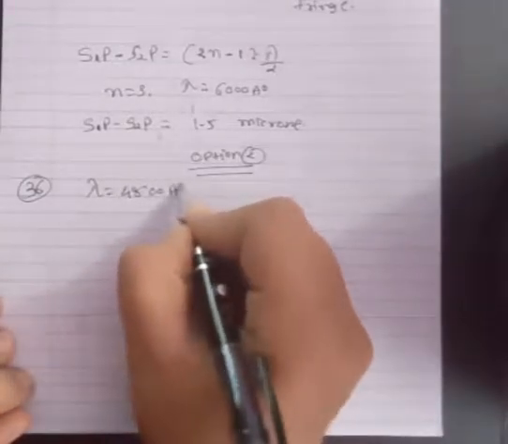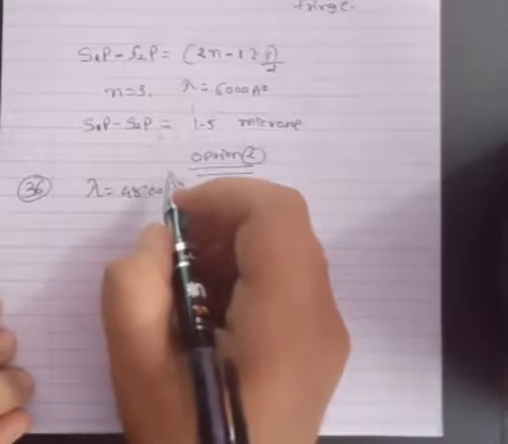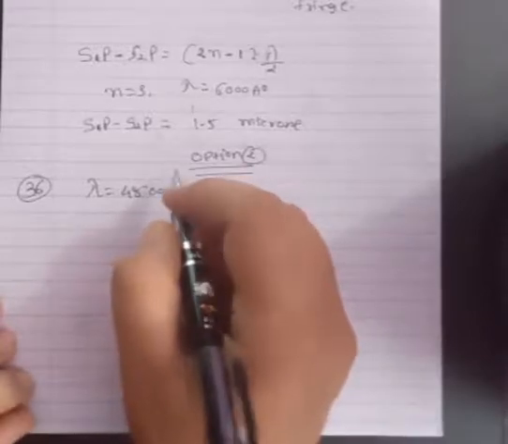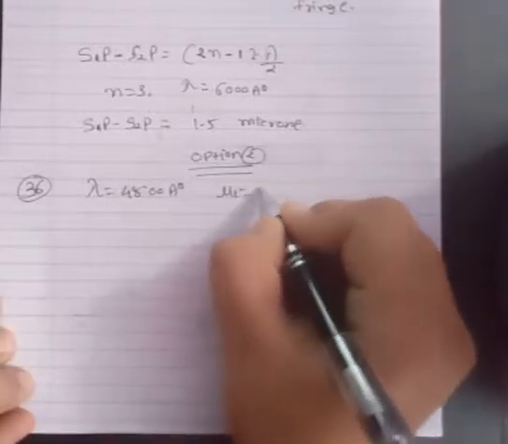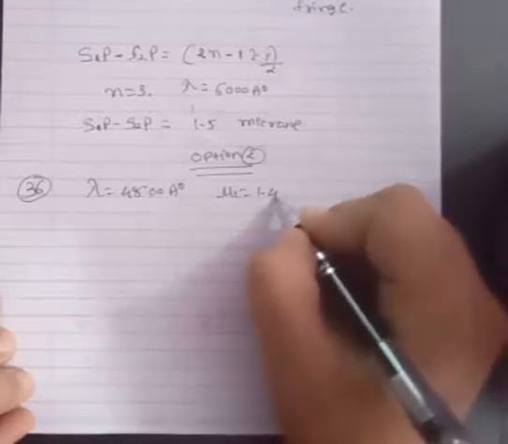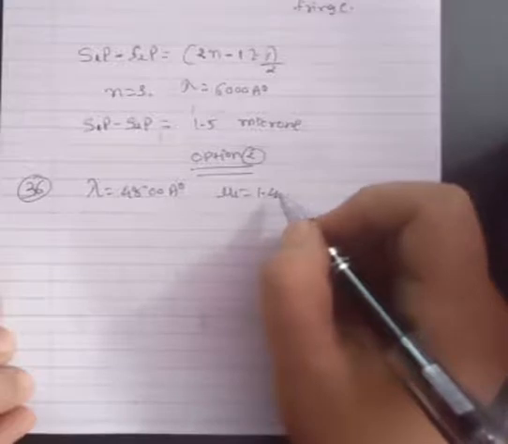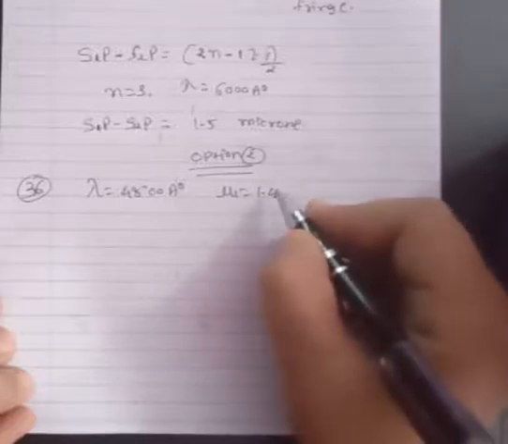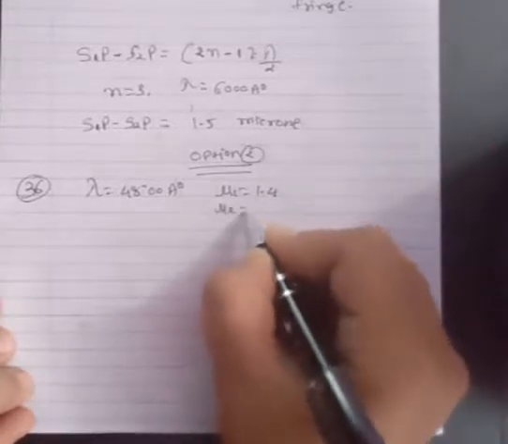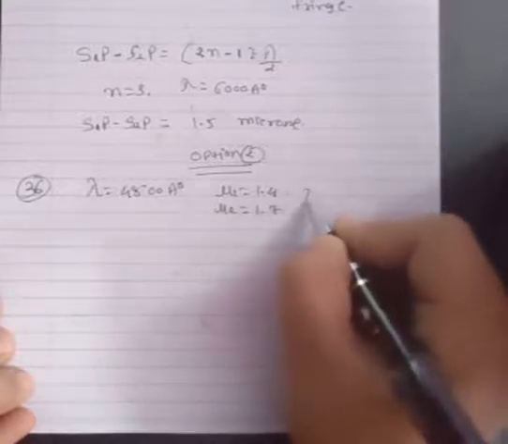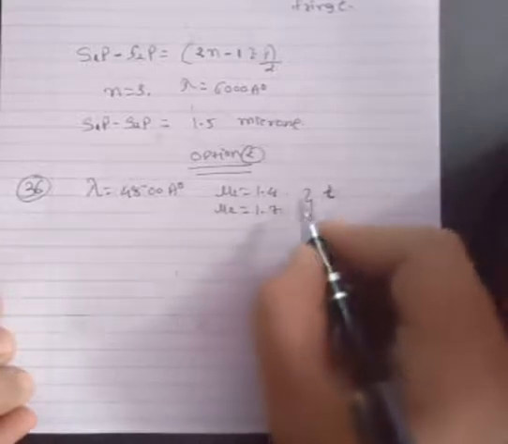In question number 36, in YDSE, fringes are obtained using light of wavelength 4800 angstrom. One slit is covered with a thin glass film of refractive index 1.4, and the other slit is covered by a film of the same thickness but refractive index 1.7. Thickness for both of them is the same.